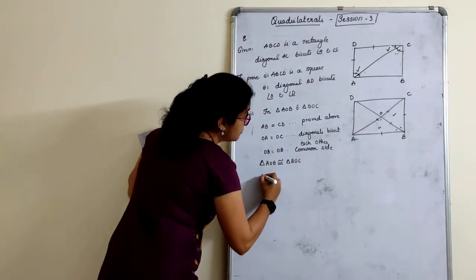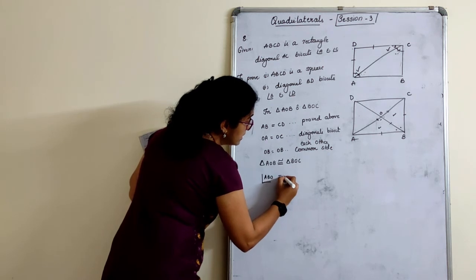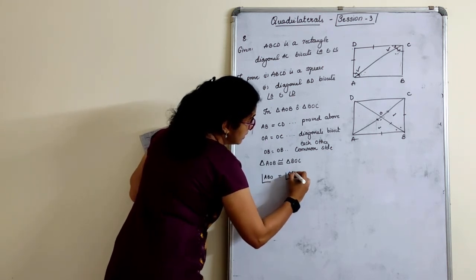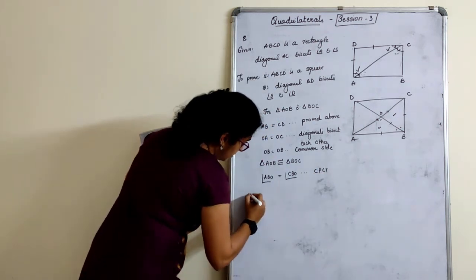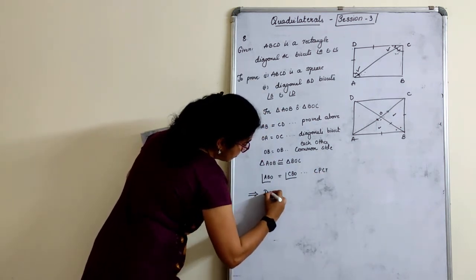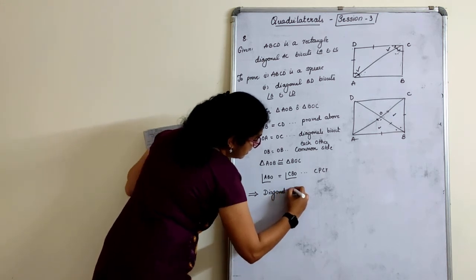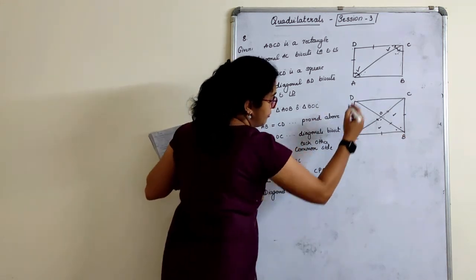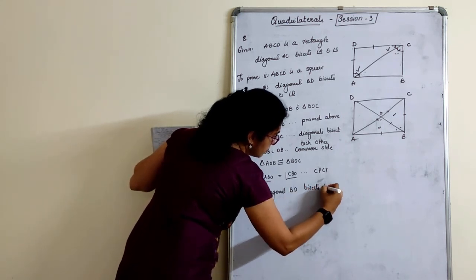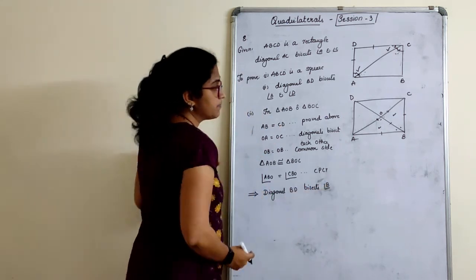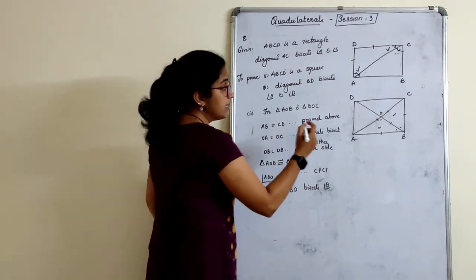Angle ABO is equal to angle CBO, by CPCT. This implies diagonal BD, the whole line if I consider, bisects angle B. Now, how do we say that diagonal BD bisects angle D also?